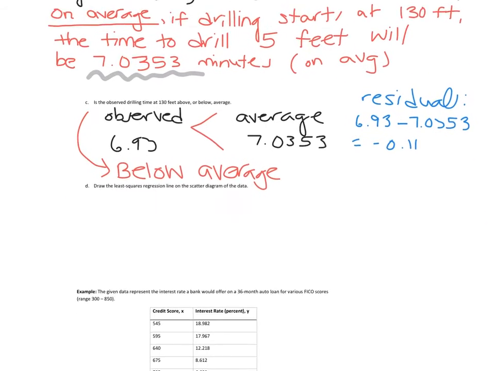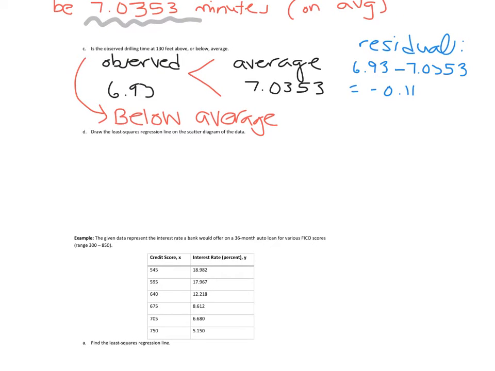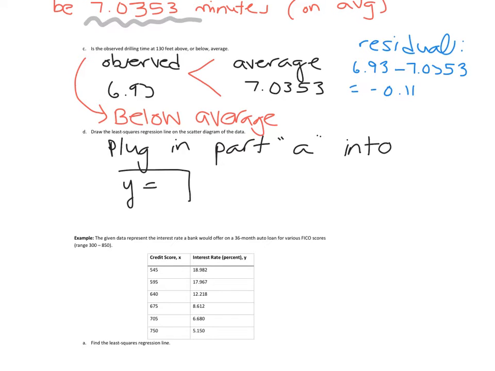So instead of going to second stat plot, you can plug in part A into y equals on your calculator and hit graph. And that will show the least squares regression line on the scatter diagram. All right, let's look at another example.